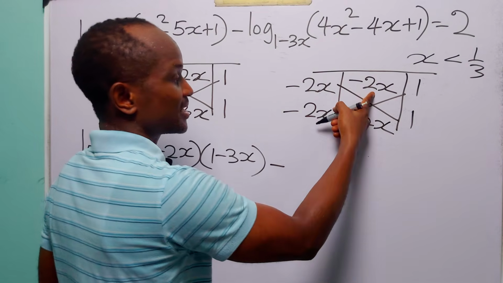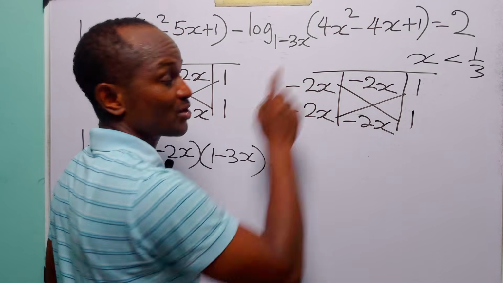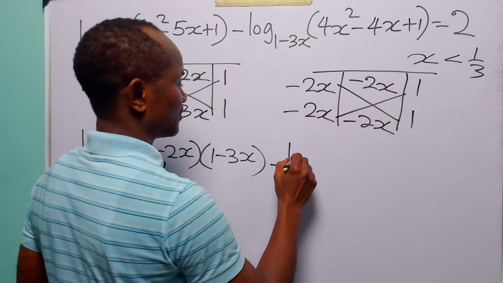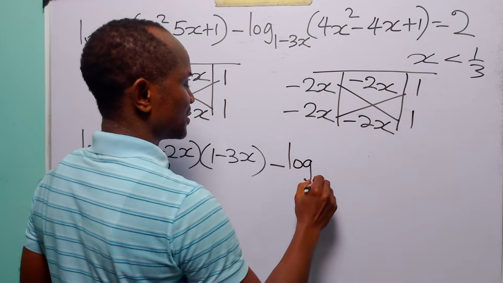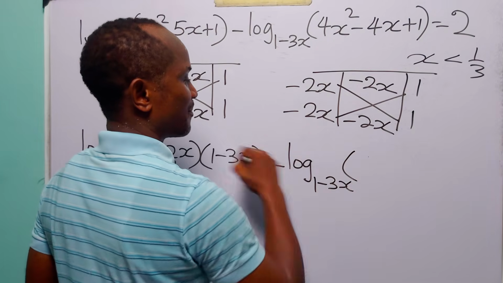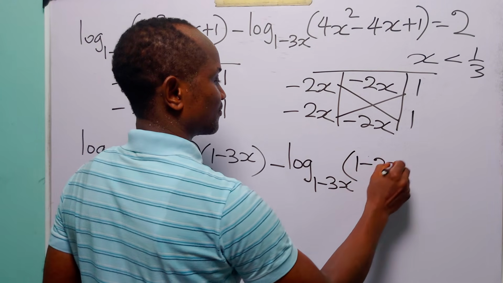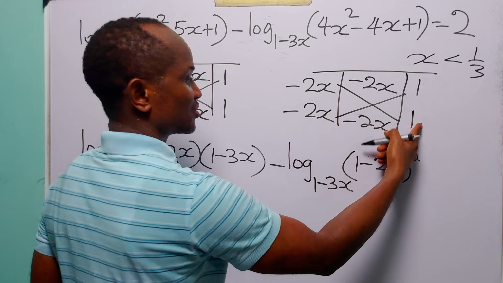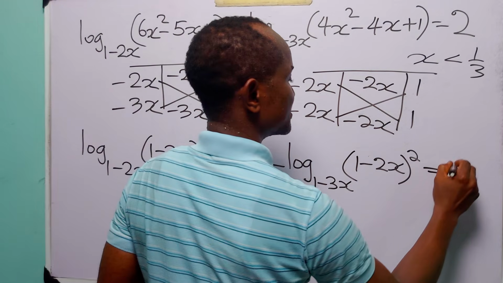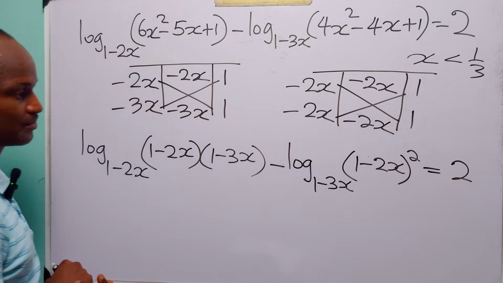And of course, this plus this is going to give us minus 4x. So here we have log to base 1 minus 3x of 1 minus 2x squared, because of course here we still have 1 minus 2x, and this is equal to 2.